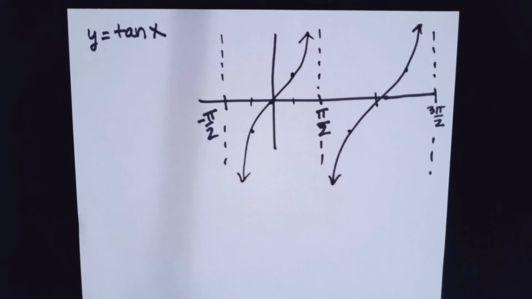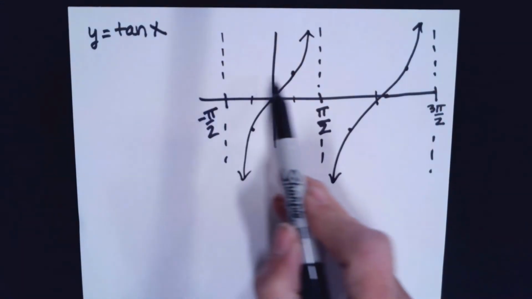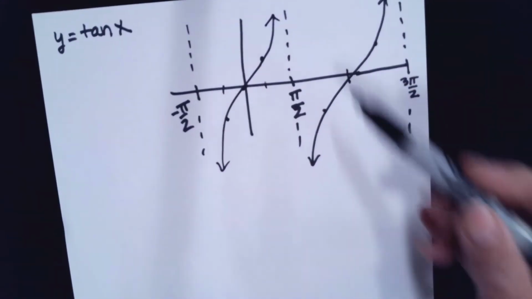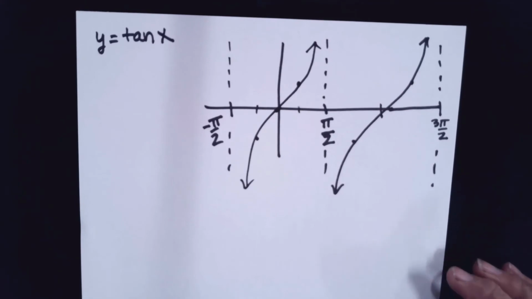We want to, first of all, look at this, and it is a function. It does pass our vertical line test. It is not a one-to-one function. It does not pass our horizontal line test. We even just put two periods into it, but this keeps going infinitely to the left, infinite to the right. So this is not a one-to-one function.